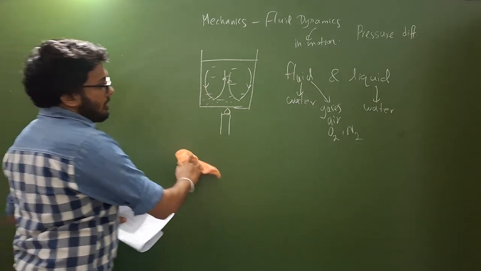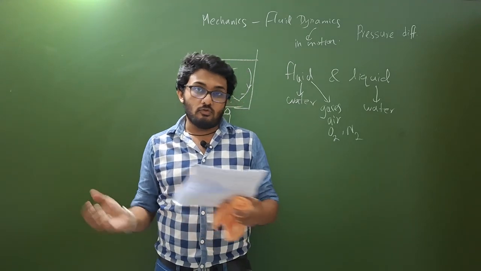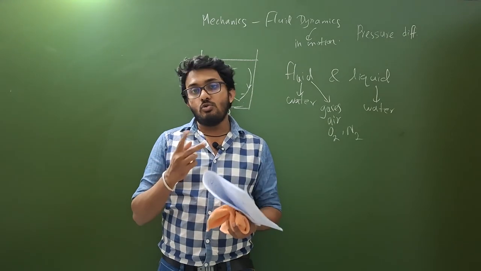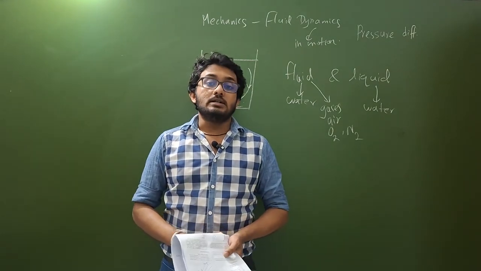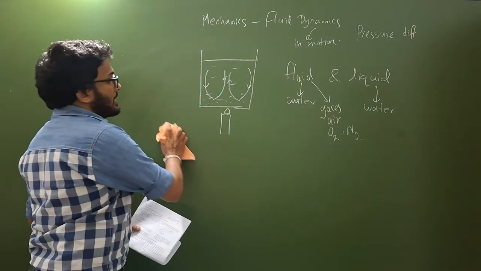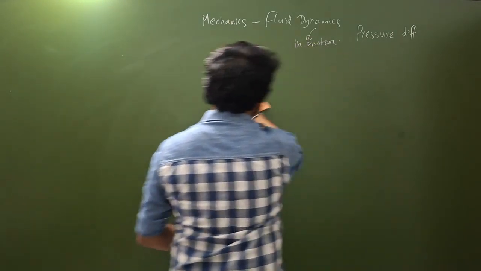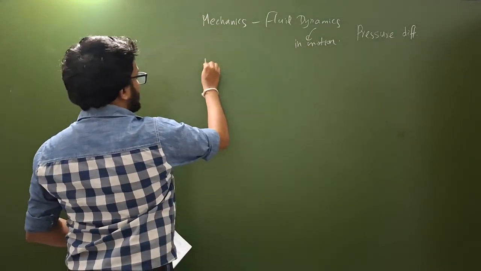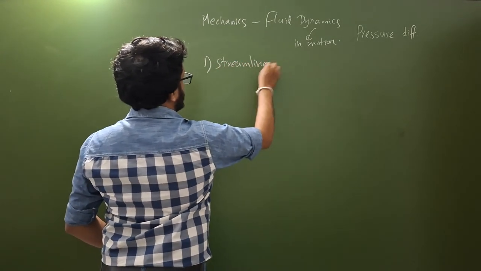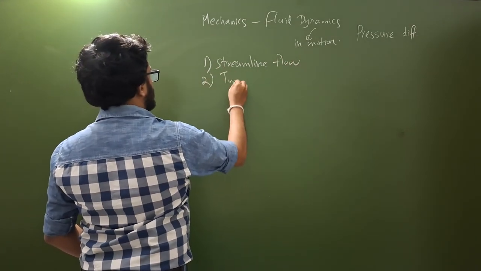After that, when you are thinking about the nature of fluid flow, we can divide a flow into two main categories called a streamline flow and a turbulent flow. First category is streamline flow, and the other one is turbulent flow.